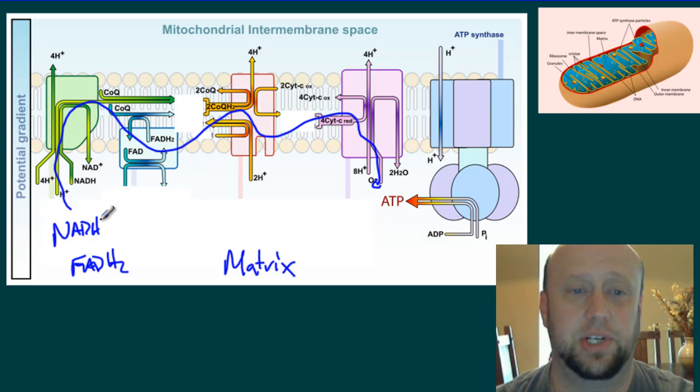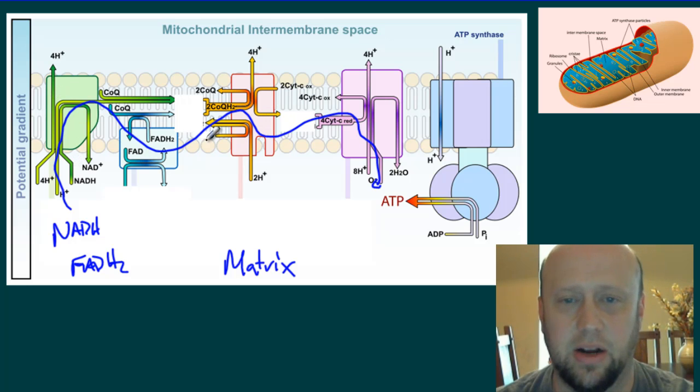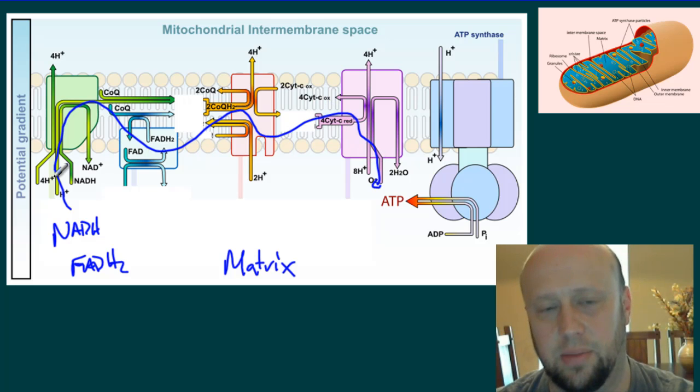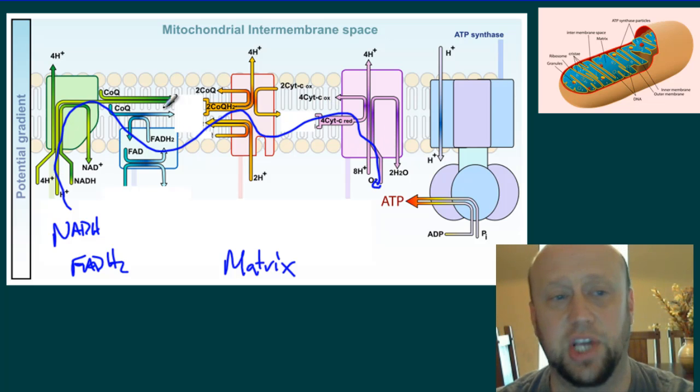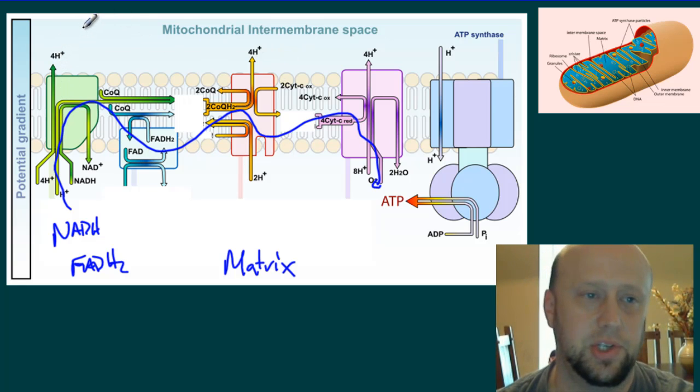So as all of this is happening, each of these little protein areas that are accepting the electrons and putting them through the chain, what you'll notice is that what we're getting on the opposite side is a bunch of H pluses, a bunch of protons.